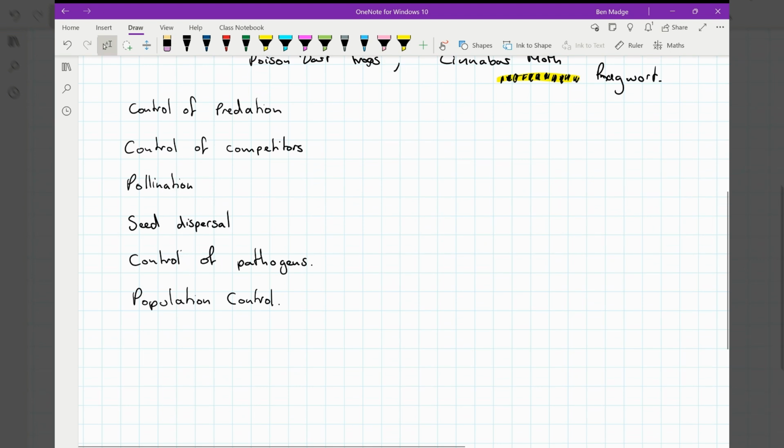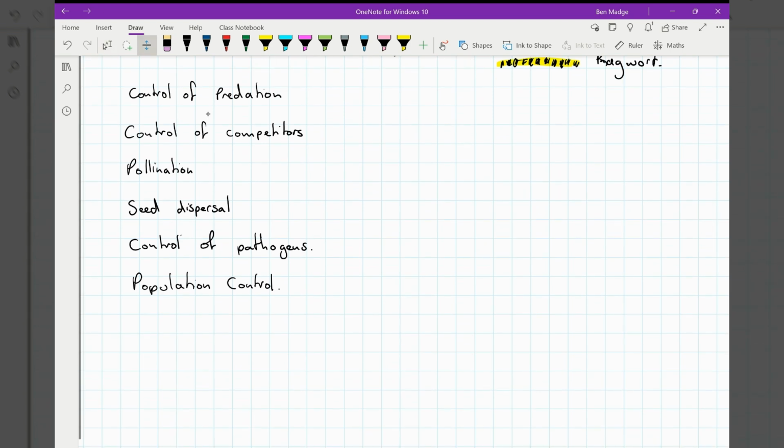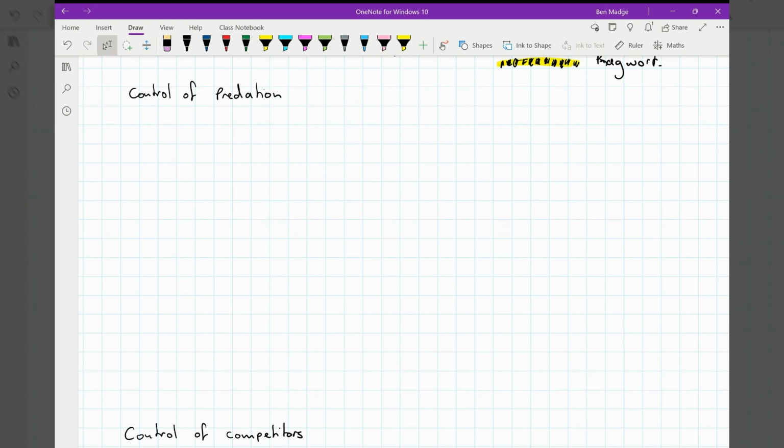So control of predation. So providing safe nesting sites for ground nesting birds might help prevent them being eaten. And we can do this by culling predators.